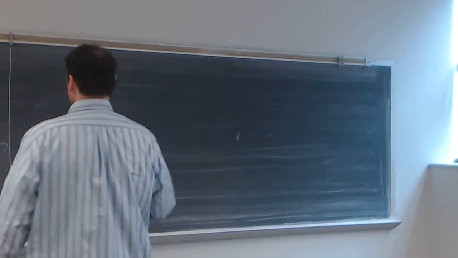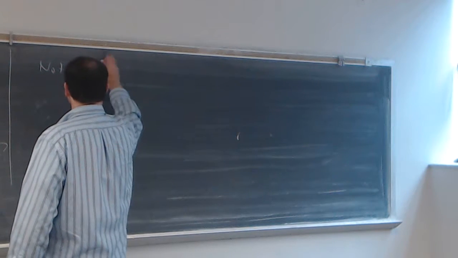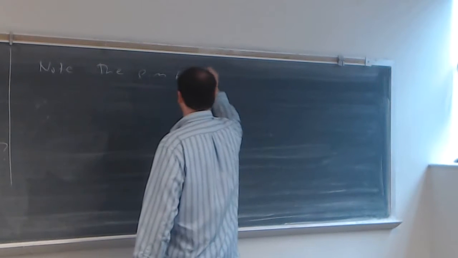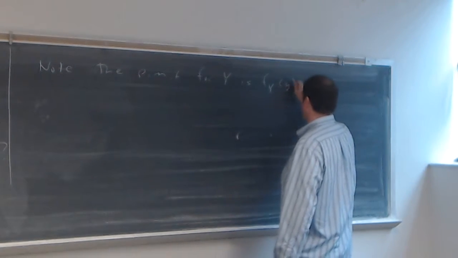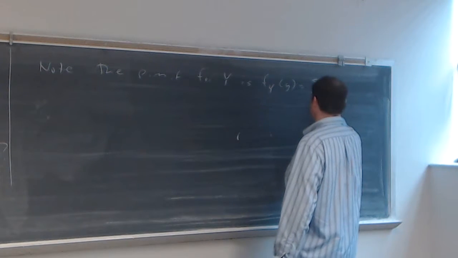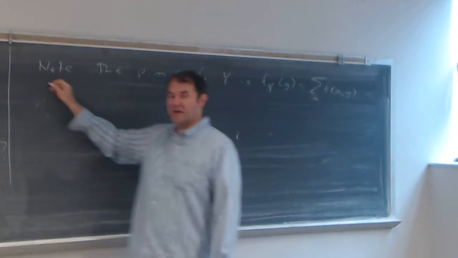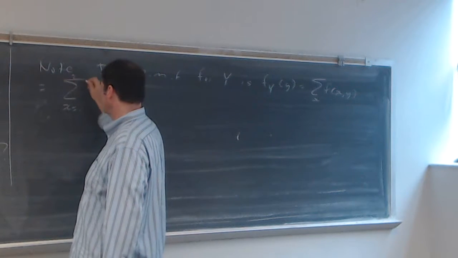Now we'll compute the PMF for y. Similarly, we're denoting that f sub y of y is equal to the sum over the x's of the joint PMF, and the x values, of course, in this case run from 1 to 2.